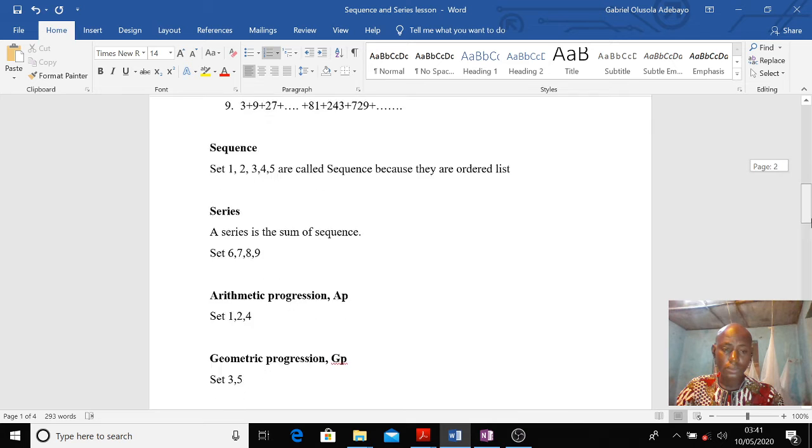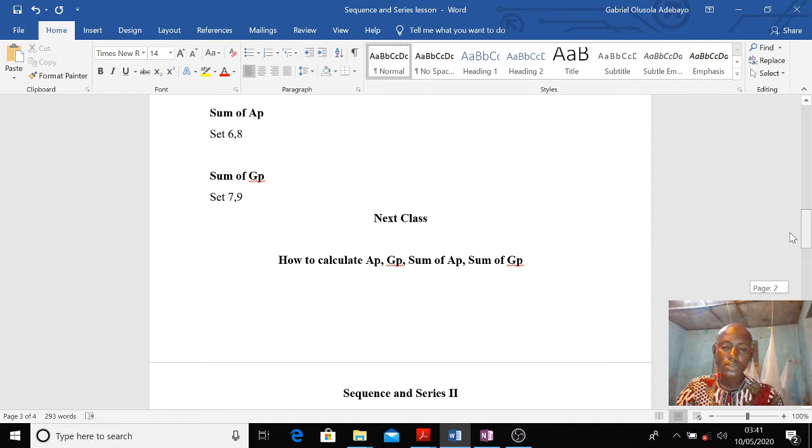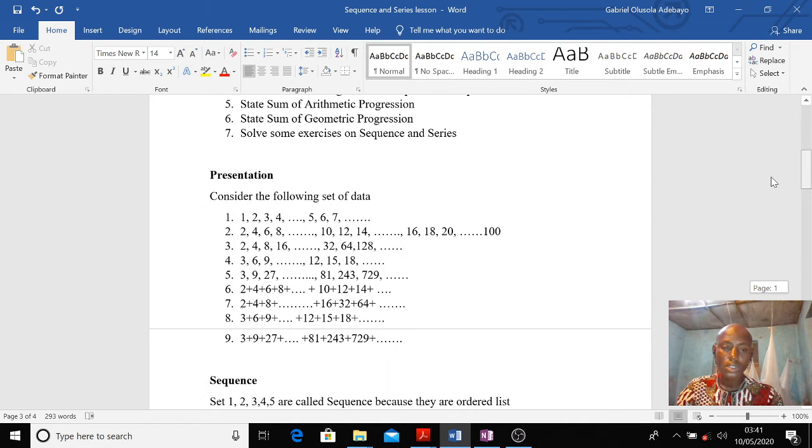The same thing also happens for the geometric progression (GP). Let's take care of this.